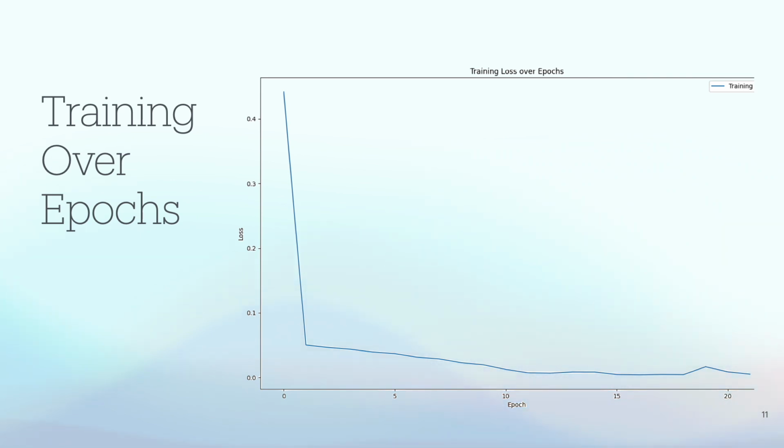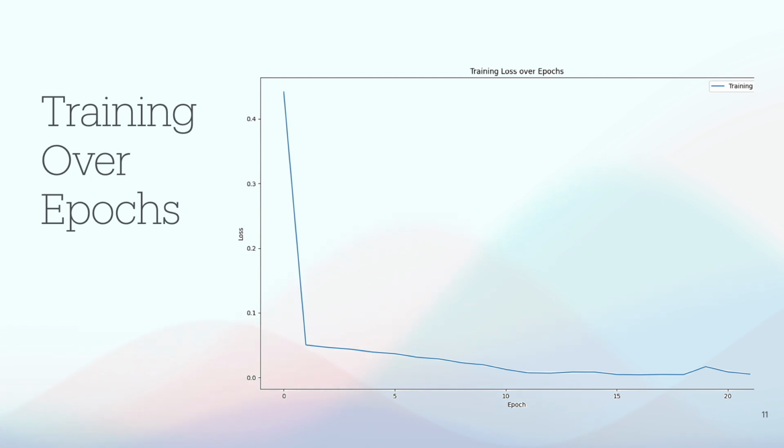So this is the model training over the epochs. So I arbitrarily entered 50 epochs, but with early stopping. So I used the parameter called patience.